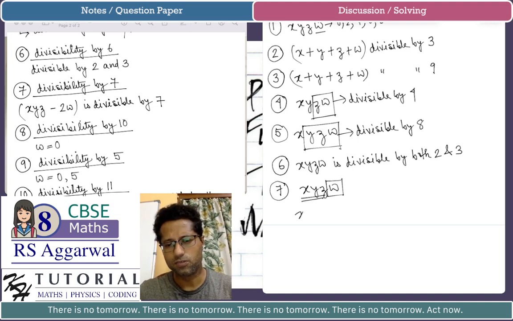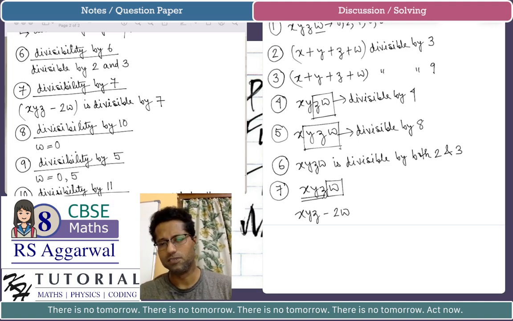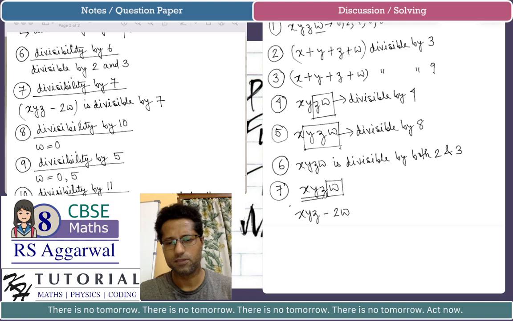So if you subtract twice of the units digit, that is 2W, from the number formed by excluding the units digit, that is XYZ, this value has to be divisible by 7.